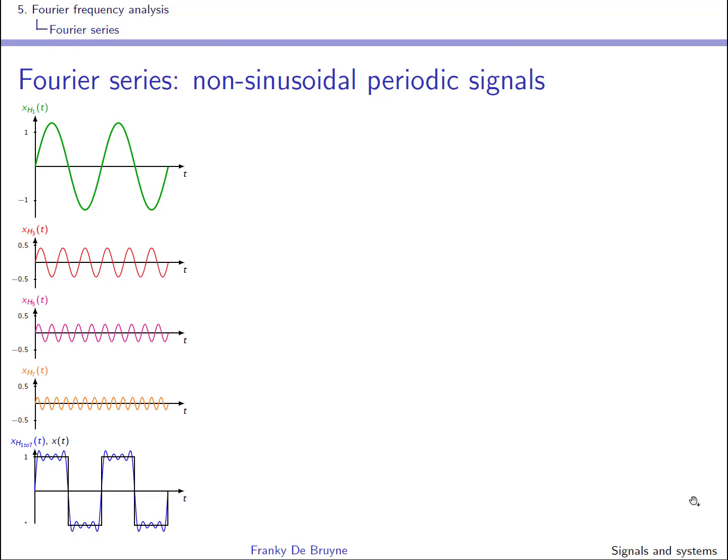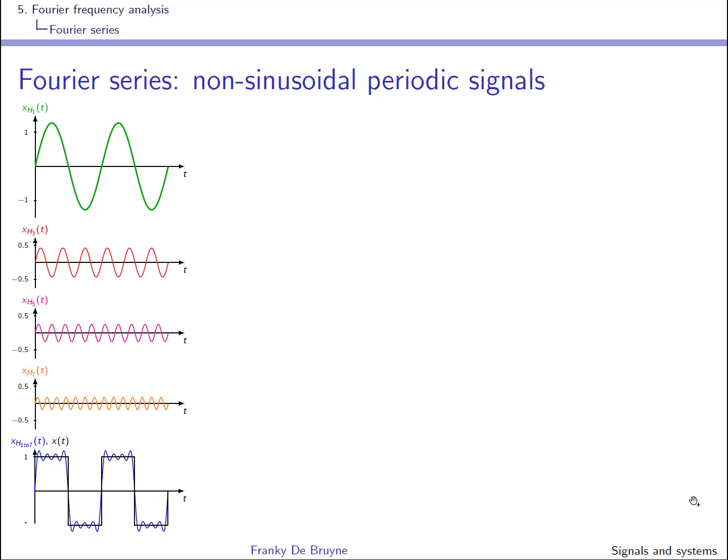And if you add them, you get an approximation, and this is the approximation given in blue of the original square wave signal. And now what we're going to do is combine this with things that we've seen in the previous section, on the first order system and the Bode diagram.